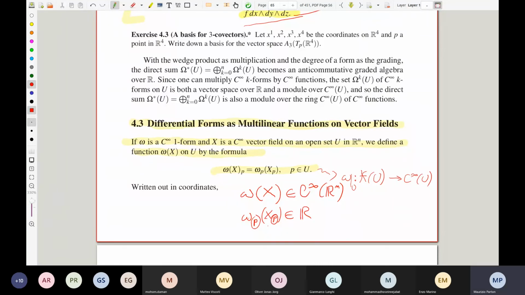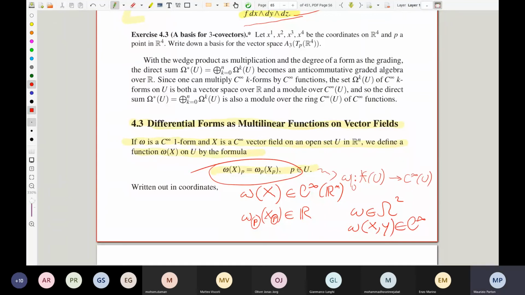These are not formulas that you need to memorize. Otherwise, you're not going anywhere. Everything is just natural. In particular, if you have a two-form or a three-form, a two-form will be fed with two vector fields. So you can do this: put two vector fields inside, and you obtain a function.